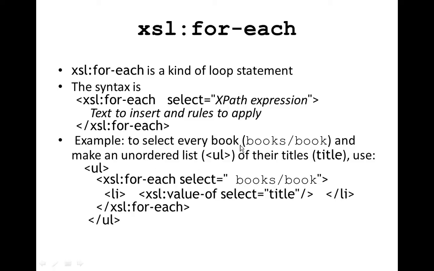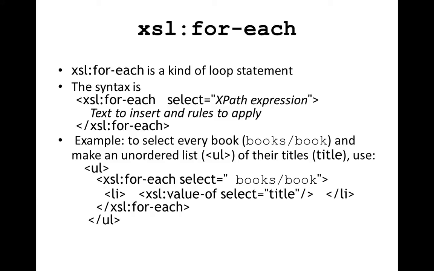Here's a little example. Imagine we have a books file that has books as a parent, and then book for each record. We might have all of Herman Melville, for example, or a fantasy writer like Terry Pratchett, whatever. But it's a big XML file of book records. Say we want to loop over all of them. We could do an HTML literal, UL.